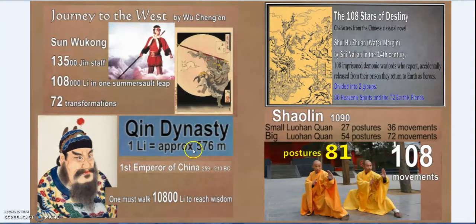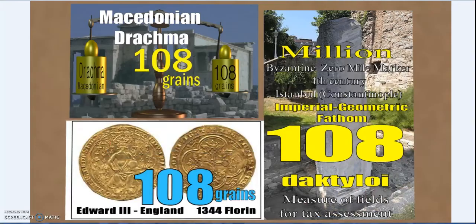It's interesting that 576 meters, or actually just a fraction under 576 meters, a couple of millimeters from that, is 1,890 feet. That's 1 plus 8 plus 9 is 18. But the diameter of the moon is 1,890 royal miles. Shaolin, same thing. You'll see again these very important numbers based on 9, 27, 2 plus 7 is 9, 54, same thing, but 108 movements in total.